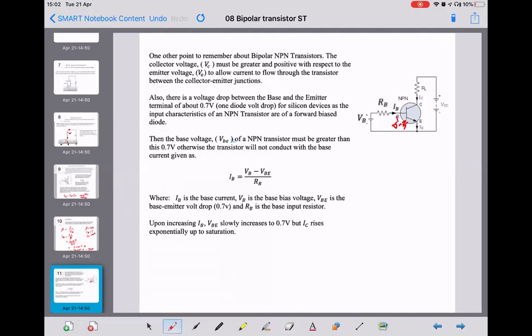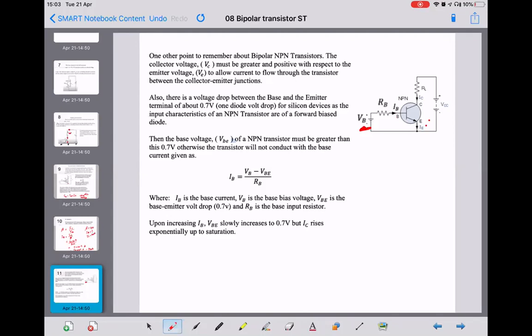So if the volt drop across RB is 7 volts, we need to input at least 7.7 volts at the battery here. Yeah, because that current is going to drop 7 volts across RB, leaving 0.7 volts across the base emitter junction.